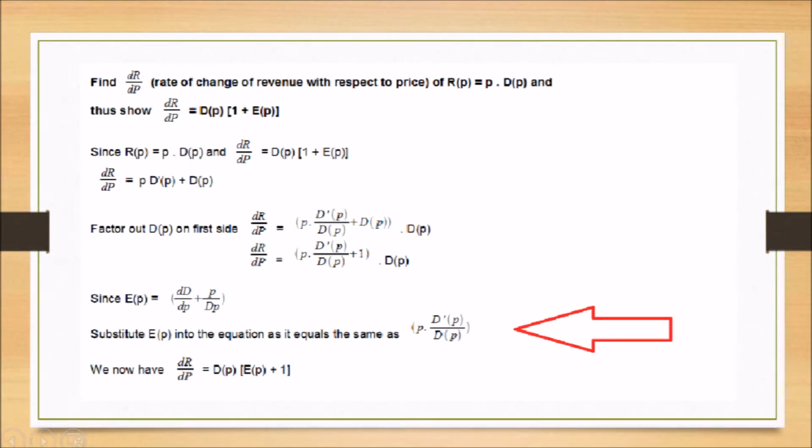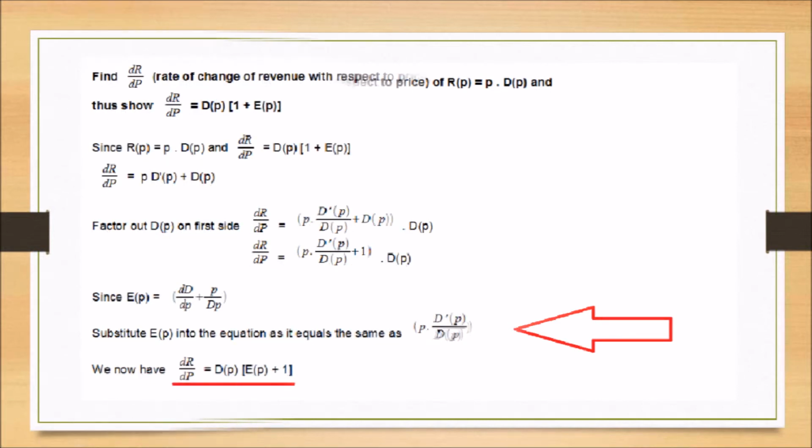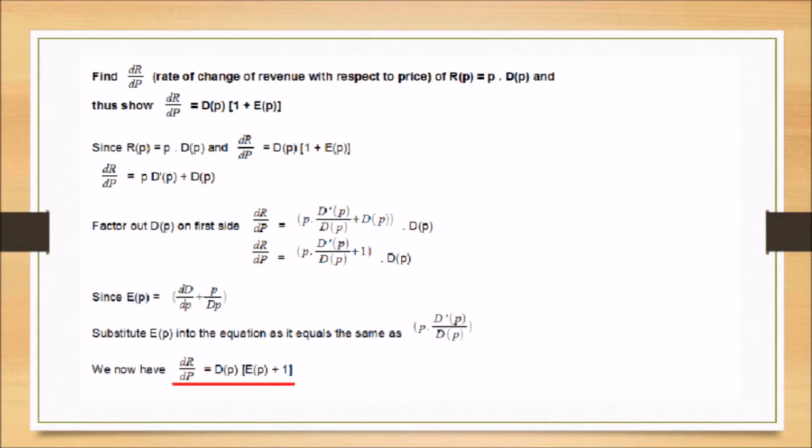Since we know that E(P) equals P times D'(P) over D(P), we can substitute E(P) into the equation. The answer we are left with is now dR/dP, which equals D(P) times (E(P) plus 1). This is the same equation as we were shown at the beginning, so we know that we have differentiated correctly.